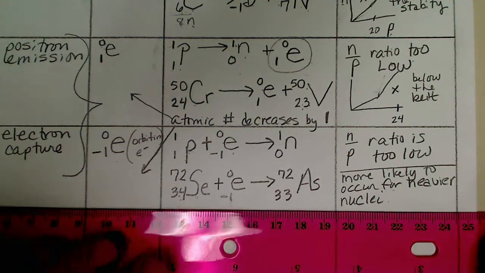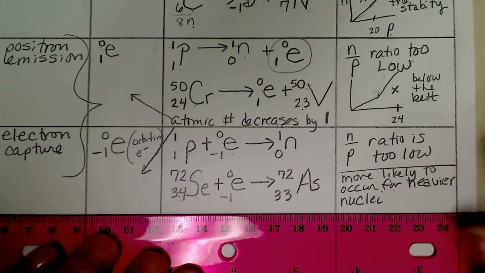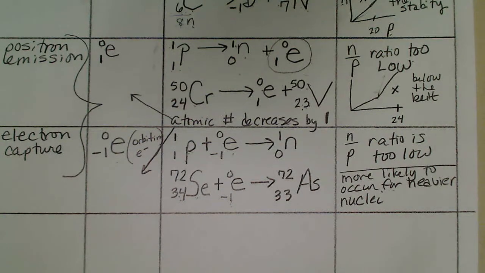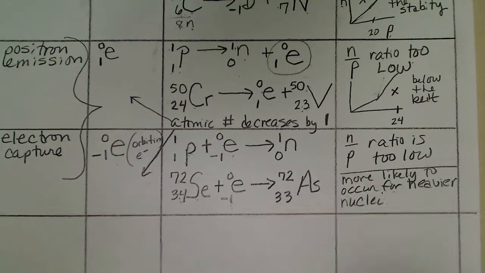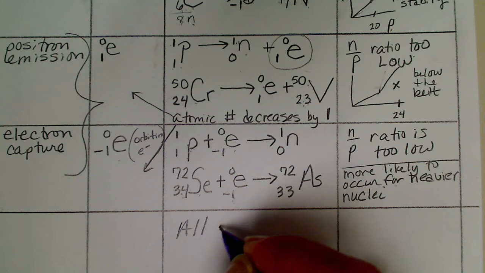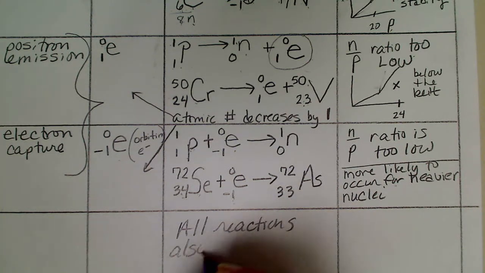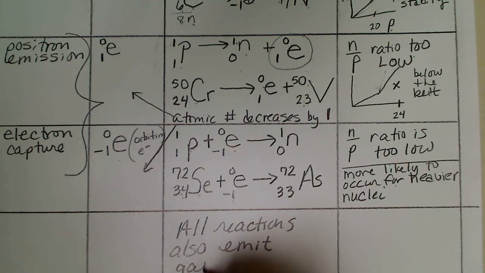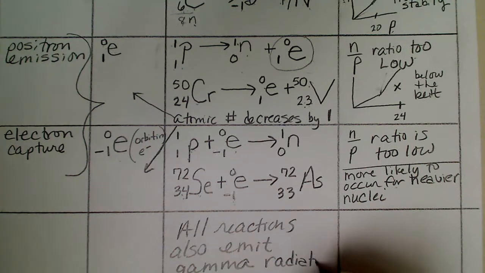And what I did not write next to each one of these, now that I'm out of room, I'm really done with the table, but I should have also written that each, or I'll write it here, all reactions also emit gamma radiation. So that's what makes the nuclear decay so dangerous.